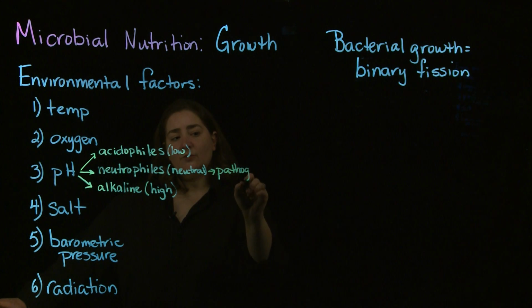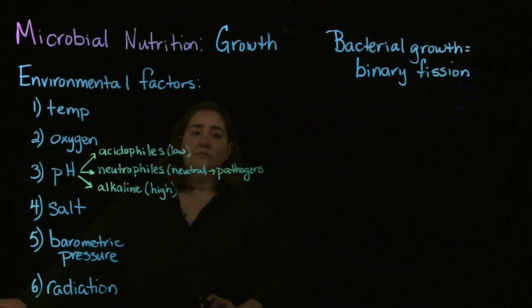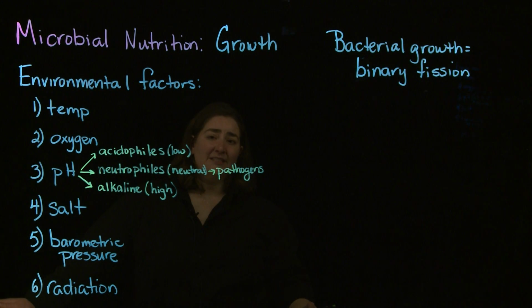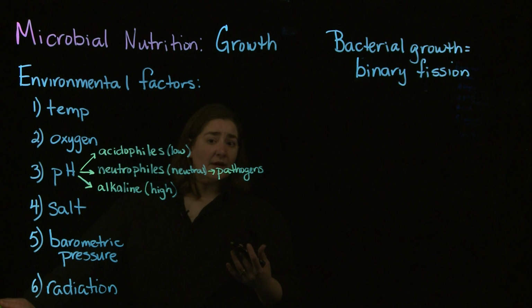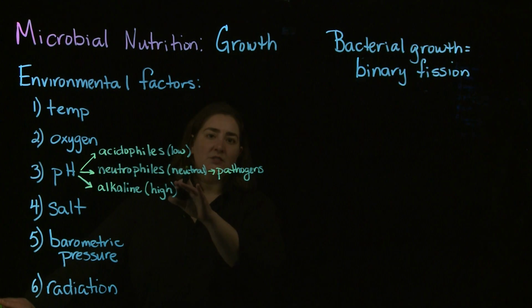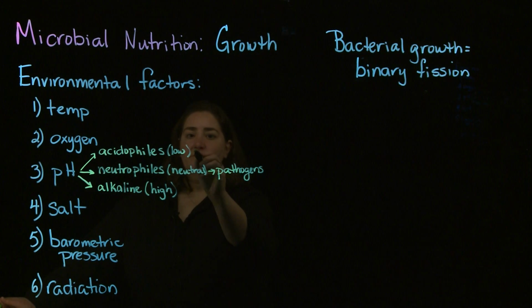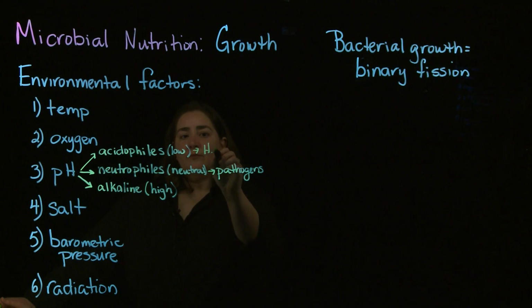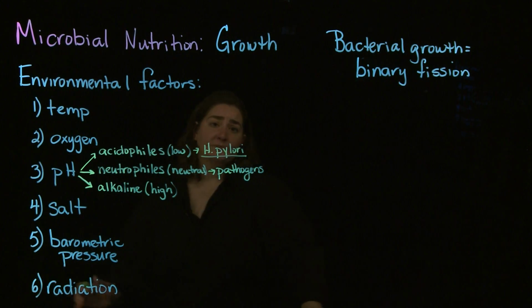these again are going to be where our pathogens come into play. If you have bacteria that live in very acidic environments, they're typically not pathogenic. There are exceptions to that because we're talking biology. All right. One big exception to that, Helicobacter pylori.